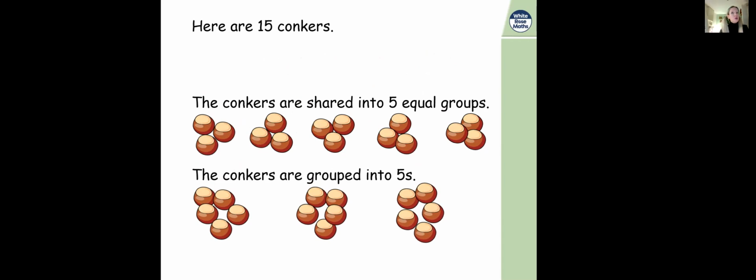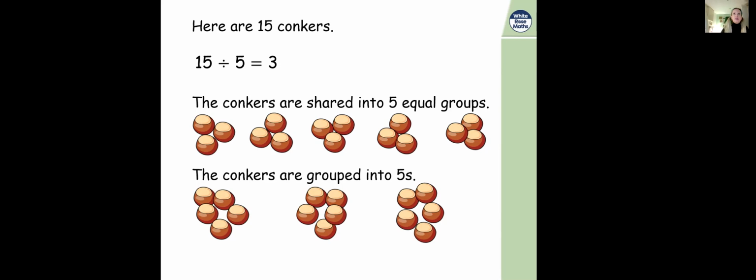How many groups have you got of 5? 1, 2, 3. 3 groups. So here's the sum. We now know 15 divided by 5 equals 3. Well done, children.